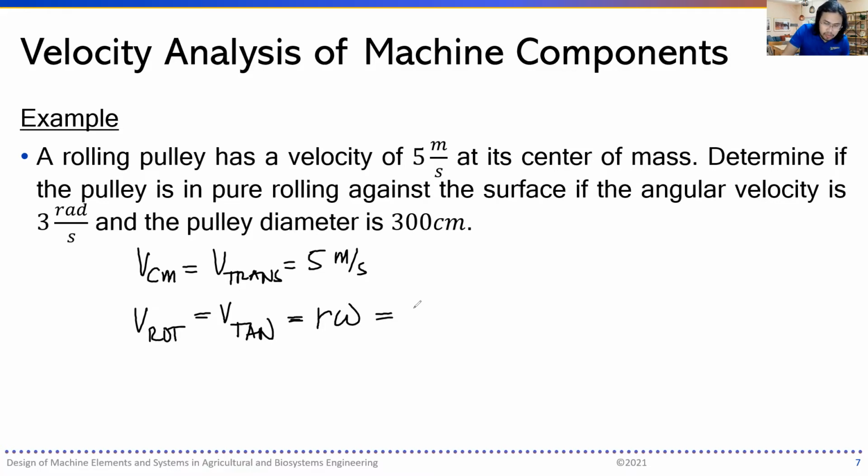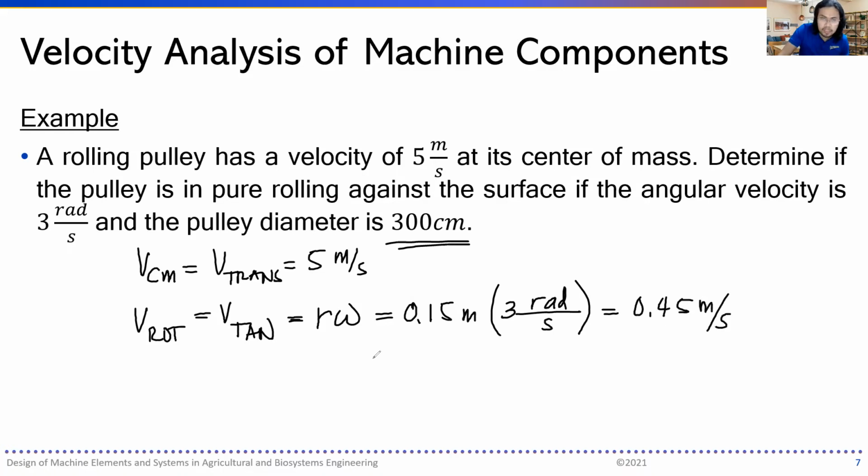So you have 0.15 meters, and you multiply that by 3 rad per second, and you get 0.45 meters per second.